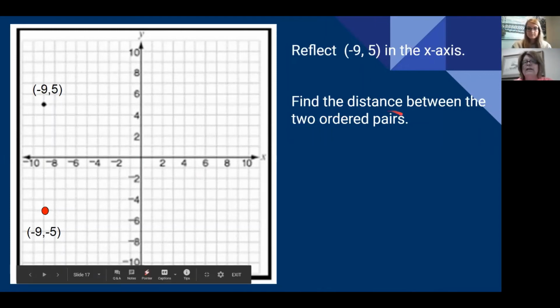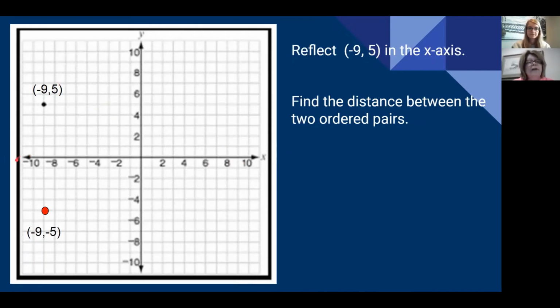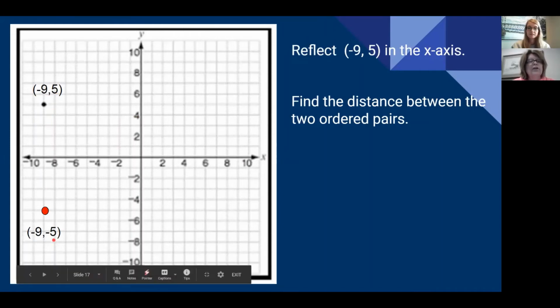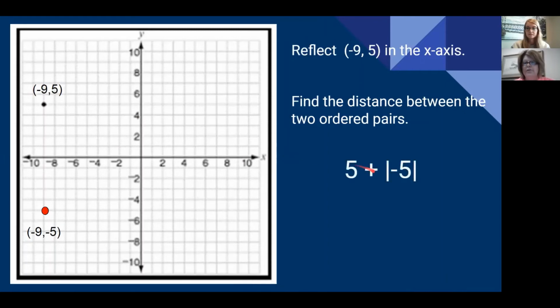Now it says find the distance between the two ordered pairs. Well, again, I flipped over the x-axis, so I now have to add the y coordinates. The y here is 5, and the y here is a -5. But when it's negative, remember we have to write the absolute value of that.